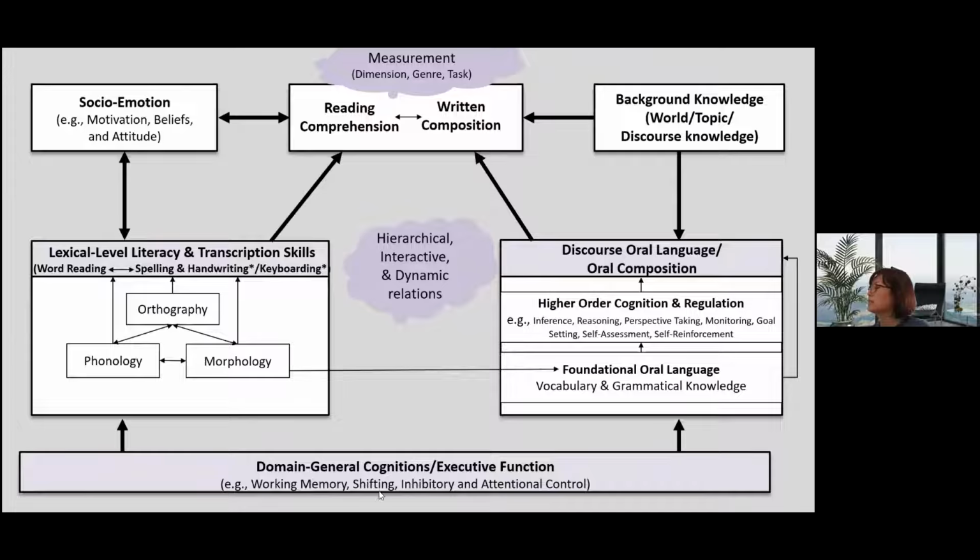The reason why these domain general cognitions are down here is because this is the foundation for every learning. So this supports all these pieces. And so working memory and everything influences written composition, for example, because they influence all these different pieces.